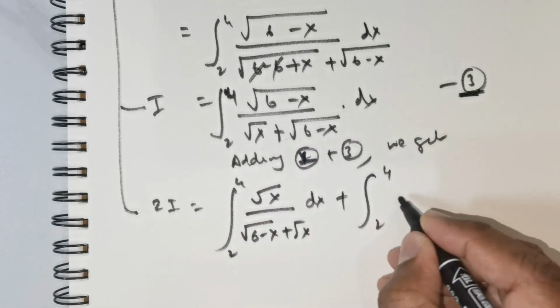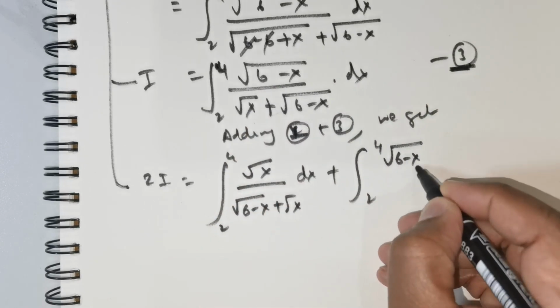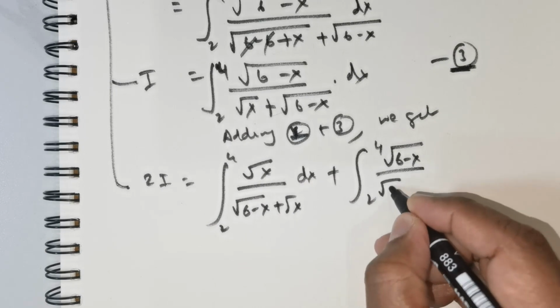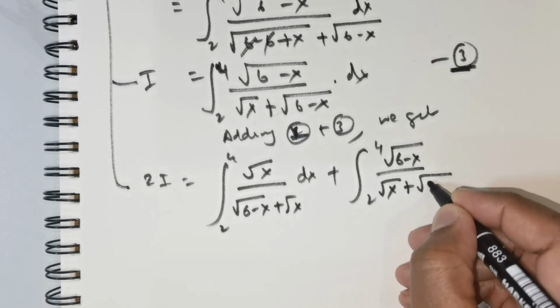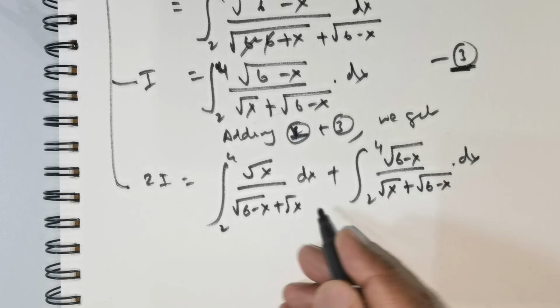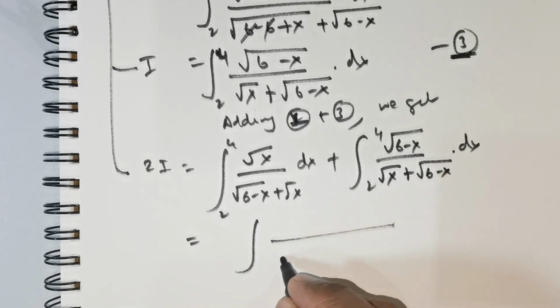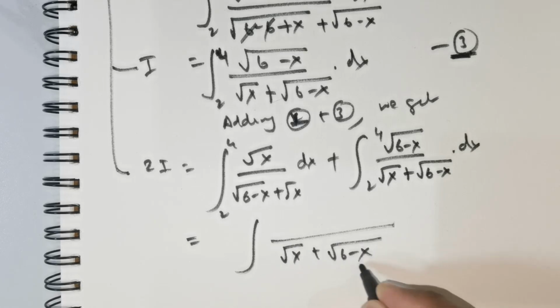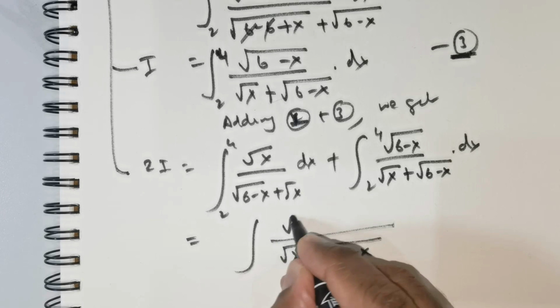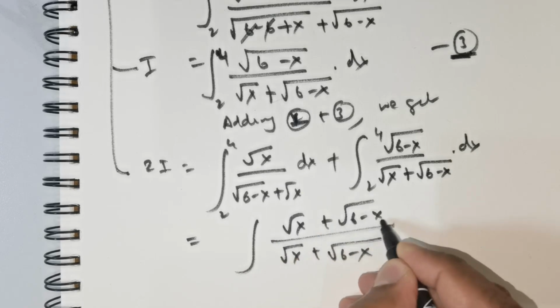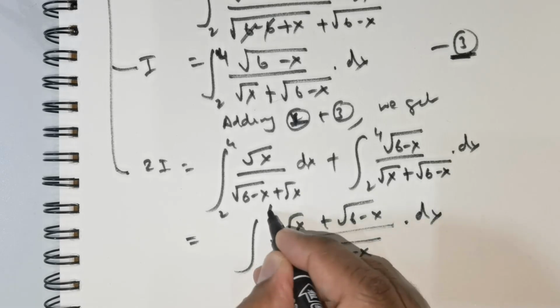The denominator is the same, so take the denominator to be common. It's going to be root of x plus root of 6 − x in the numerator, and root of x plus root of 6 − x in the denominator, dx, limits 2 to 4.